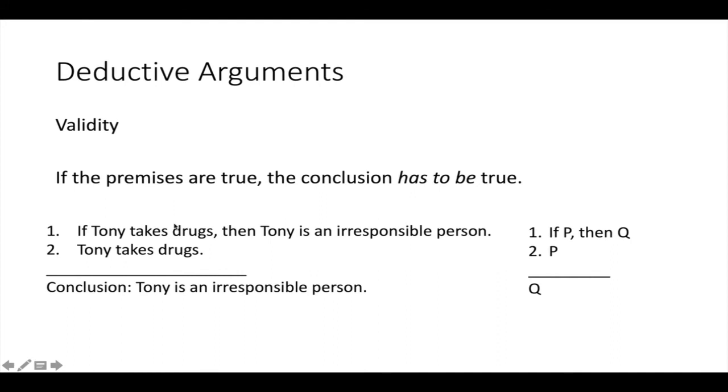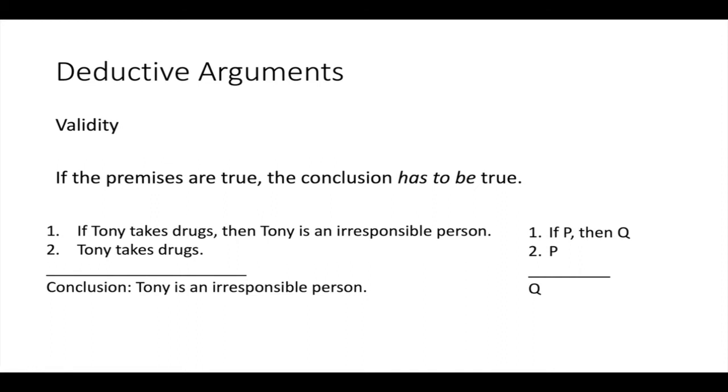Okay, so here you can see that I've used the letter P to represent this sentence, Tony takes drugs. That's why in the first half of this first premise, I've written if P over here to symbolize that, because I'm using P to stand in for Tony takes drugs.